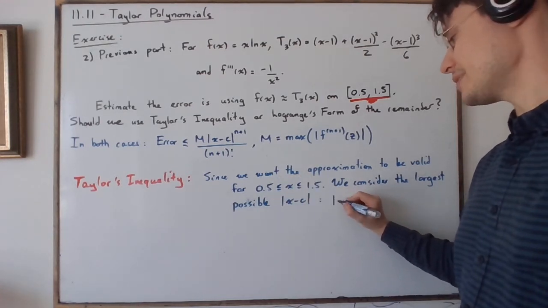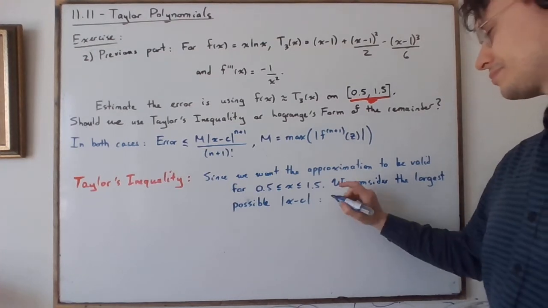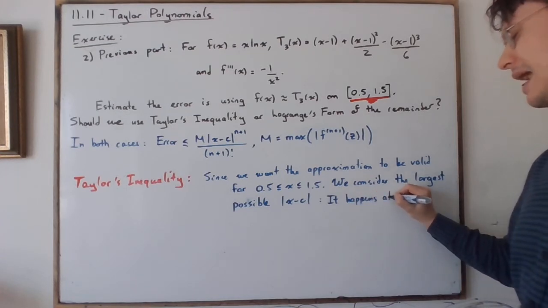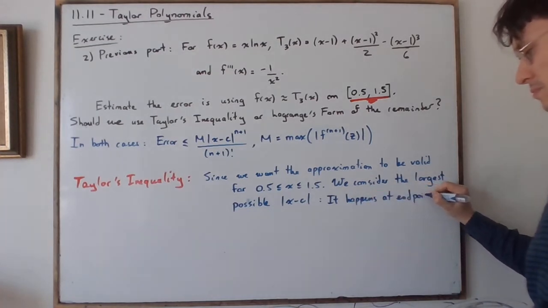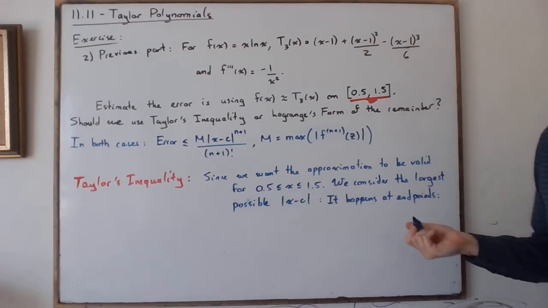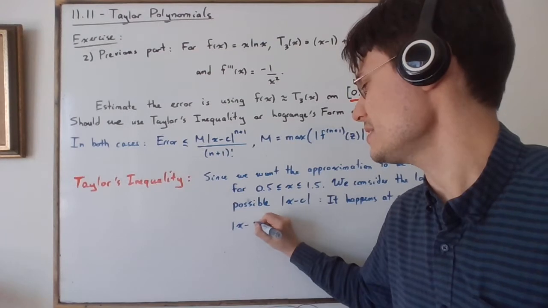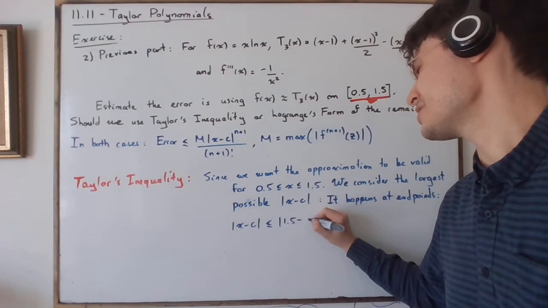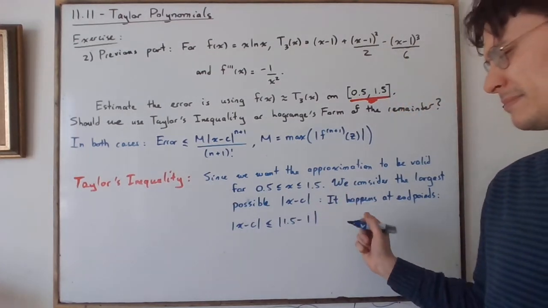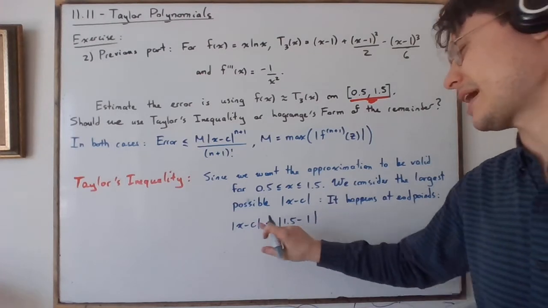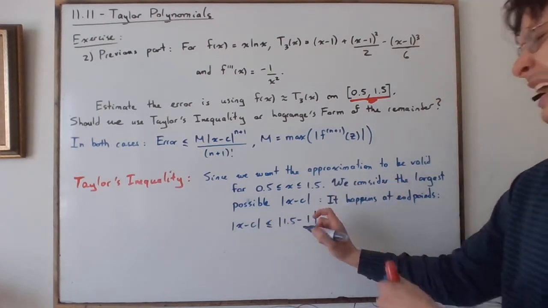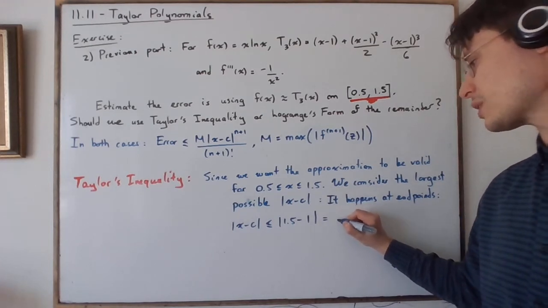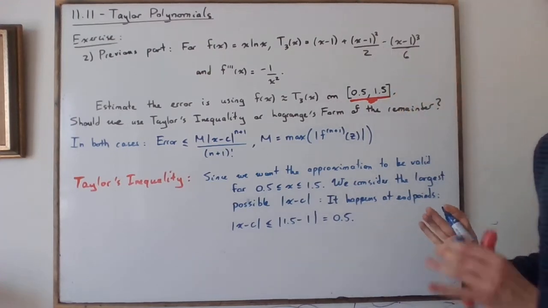So |x minus c| is going to be smaller or equal than 1.5 minus 1, since that's the value of c, which means it's smaller or equal than 0.5. Let's keep this in mind.